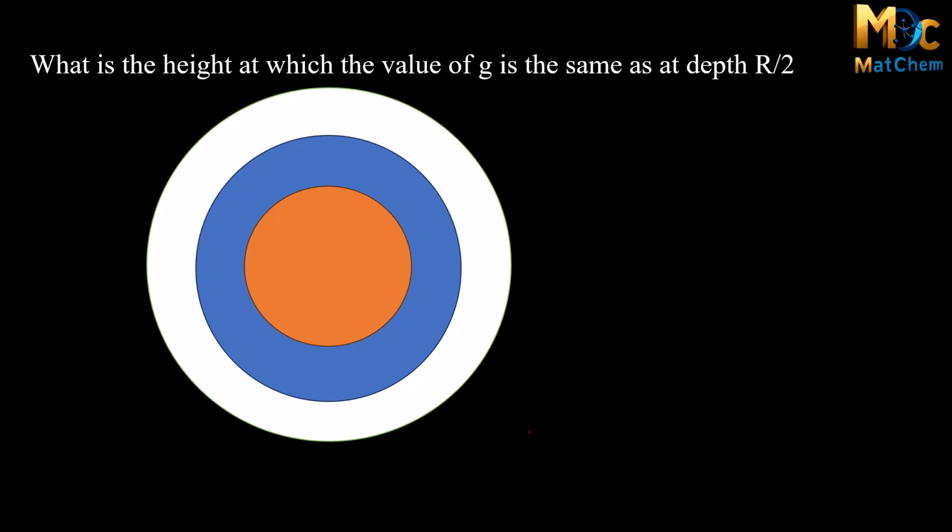So, for example, assume that this blue color corresponds to the earth. Let R be the radius of the earth. So this is the radius of the earth.